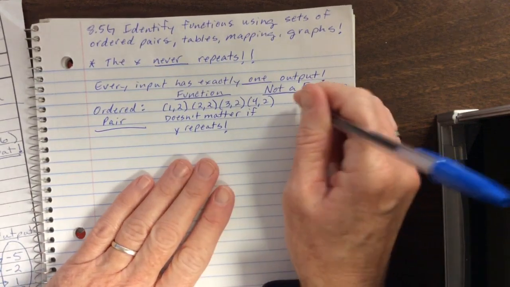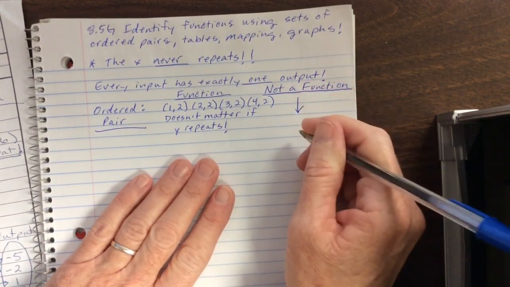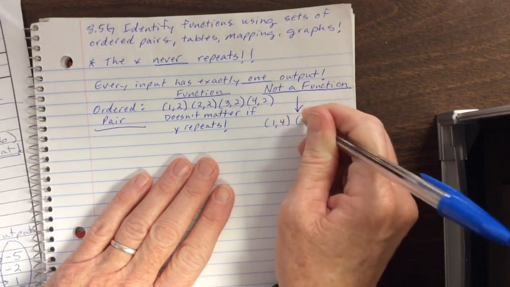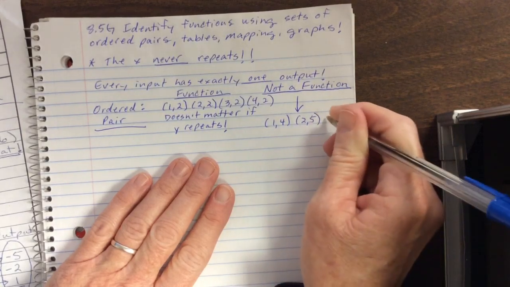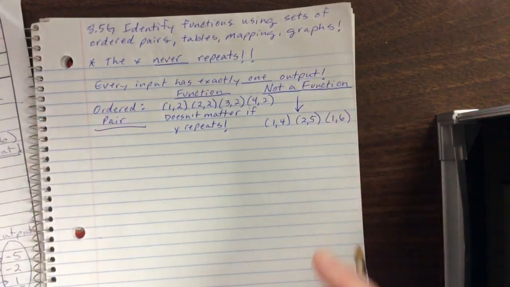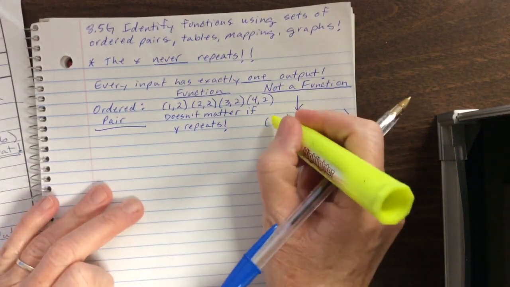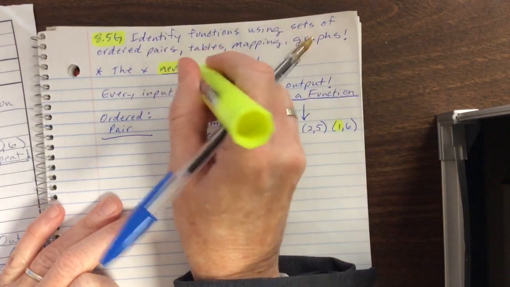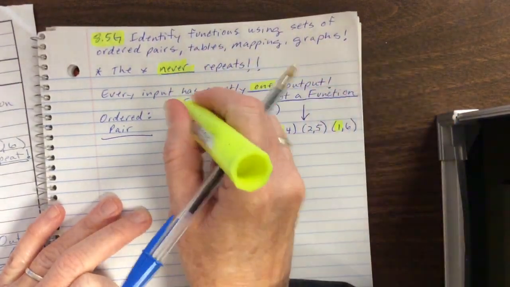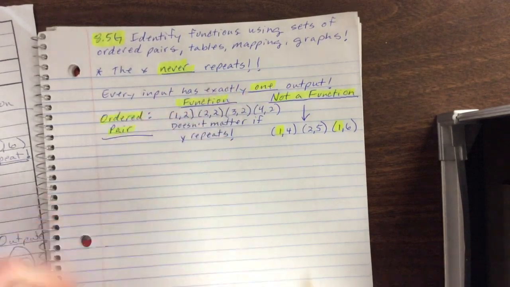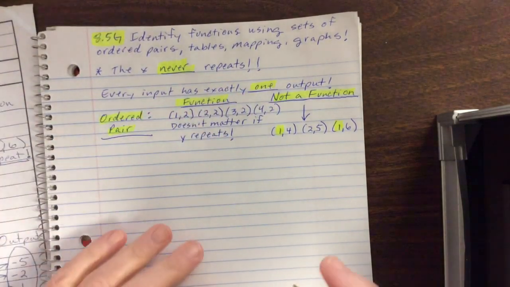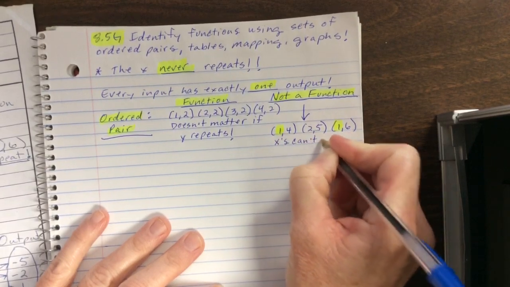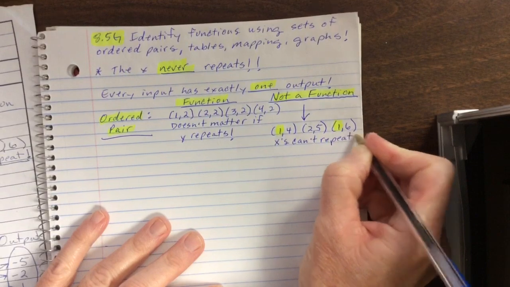So not a function would look like this. Let's say you have 1 and 4, 2 and 5, and 1 and 6. The 1s are repeating, so the x's can't repeat. Okay?